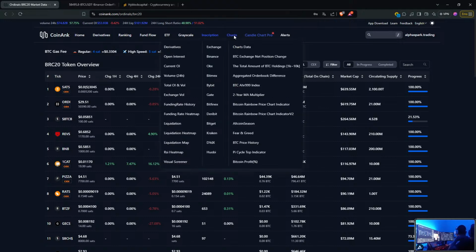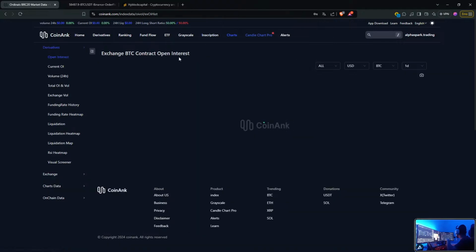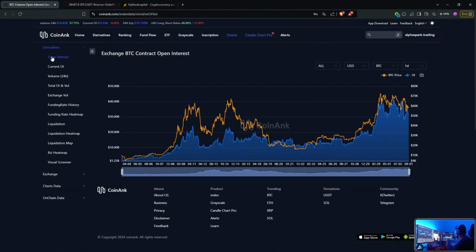And then we come to the interesting part, in my opinion. Charts, this is where the magic is at, okay? In here, you can see a bunch of stuff, mostly in higher time frames.